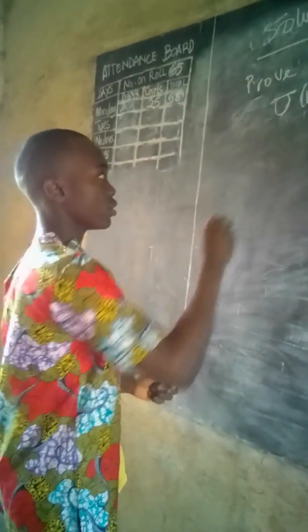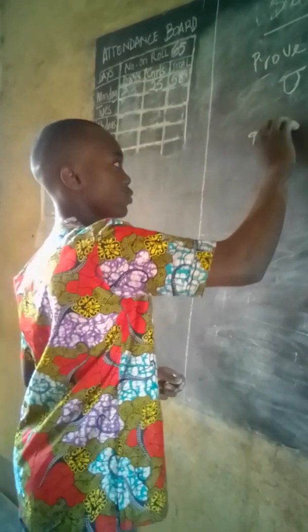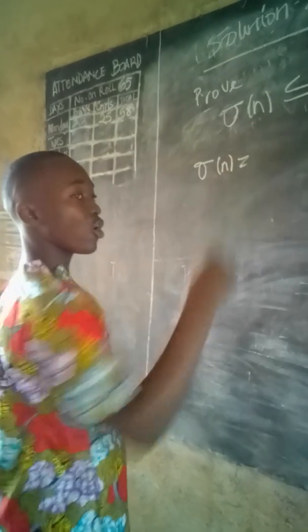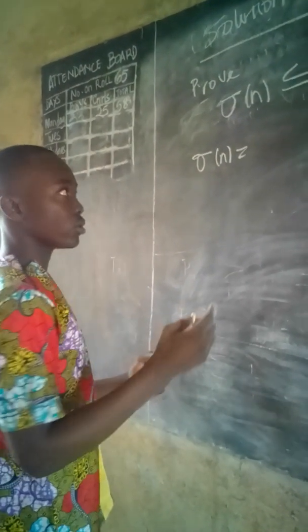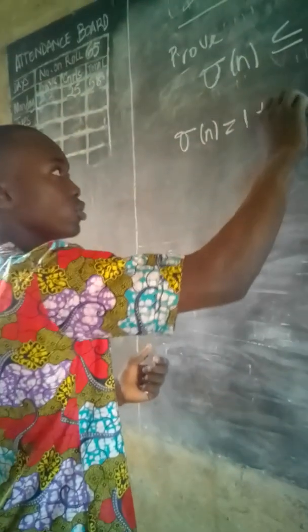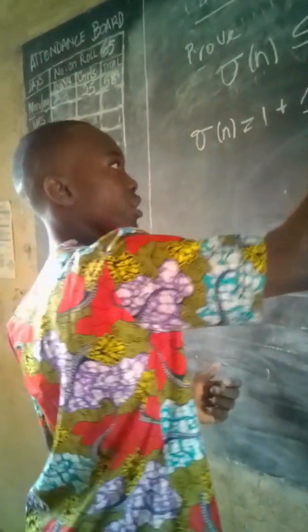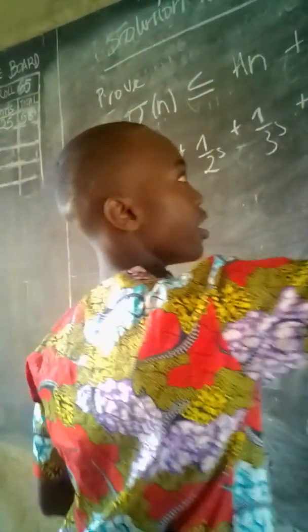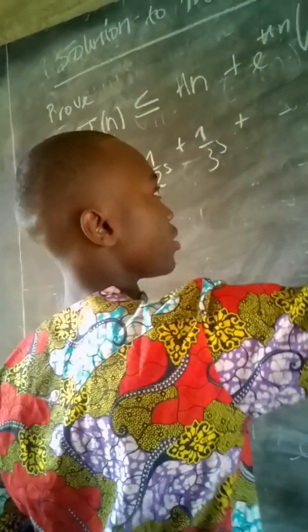We can see that sigma n is equal to the summation of all the possible divisors of n, which means that it's a summation starting from 1, 2, 3, up to n, 1 divided by n's.